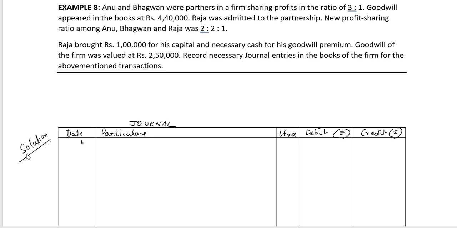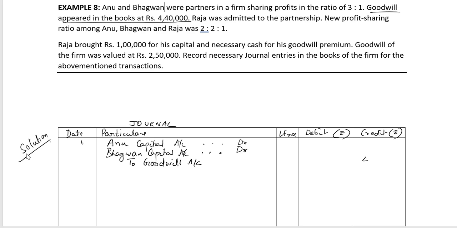The first journal entry. It says goodwill appeared in the books at rupees 4,40,000. We'll write off the existing goodwill among Anu and Bhagwan in their OPSR, which is 3:1. Fluctuating capital method assumed. So Anu capital account debit, Bhagwan capital account debit to goodwill account.